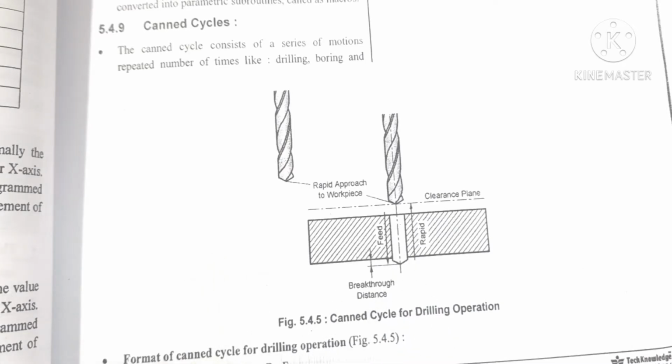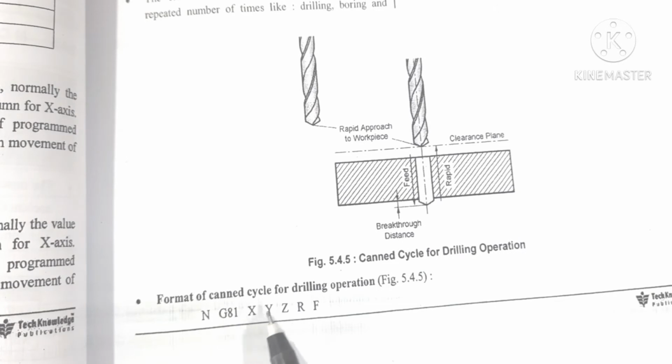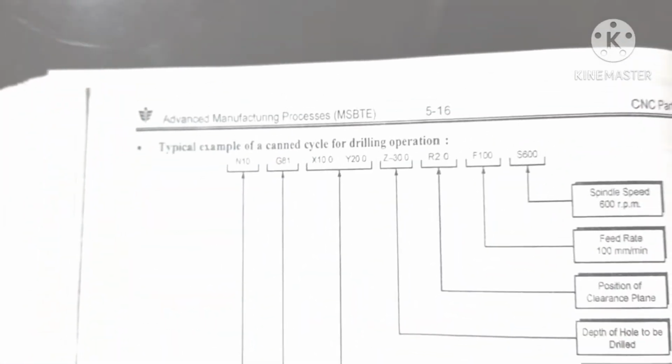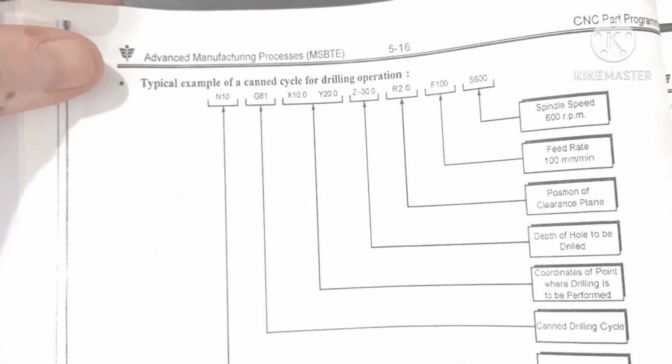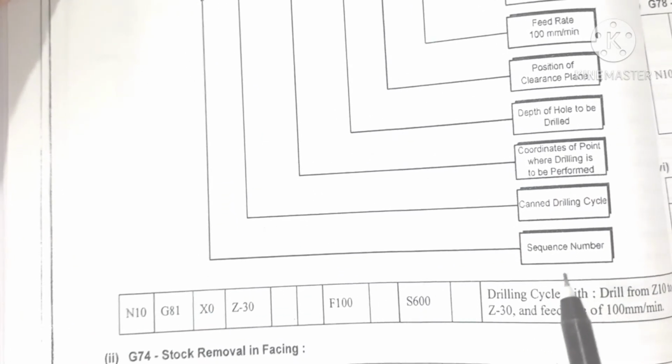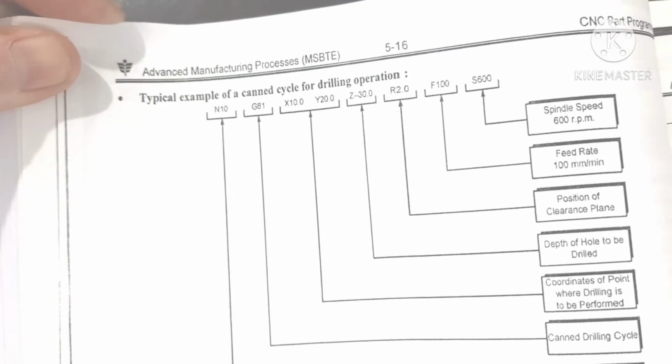Now the format of the canned cycle for drilling operation: GN G81 X Y Z R F. Here you can see N10, you know that this is the sequence number.